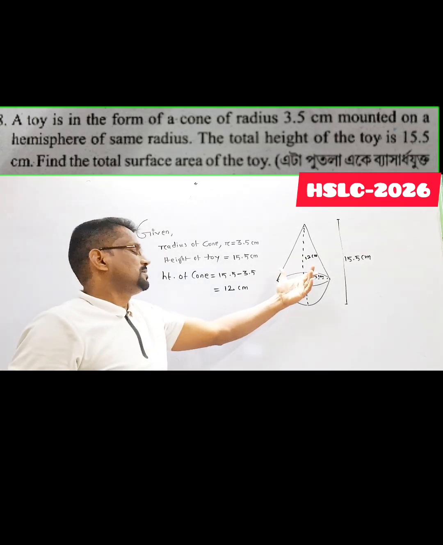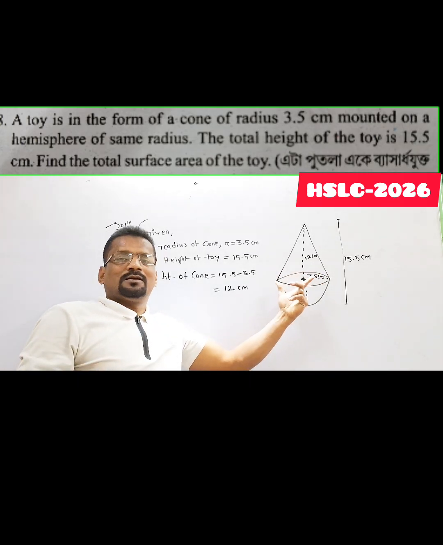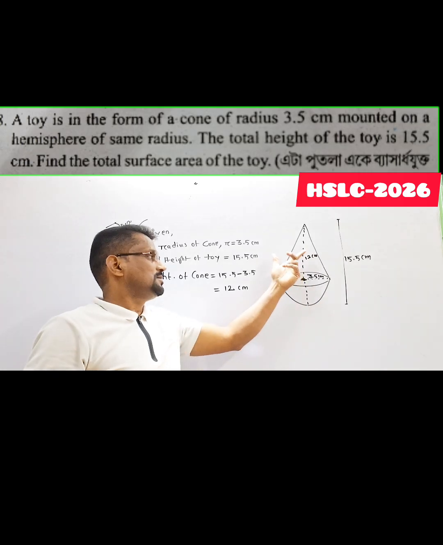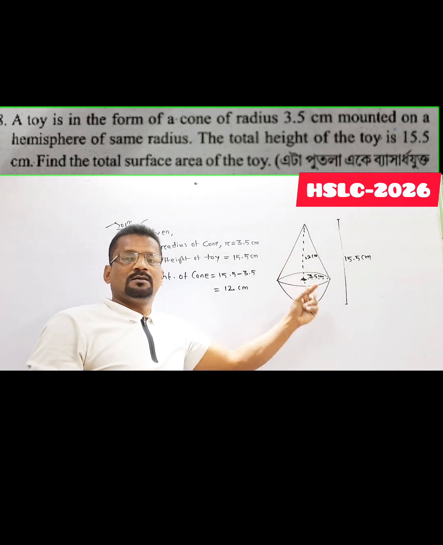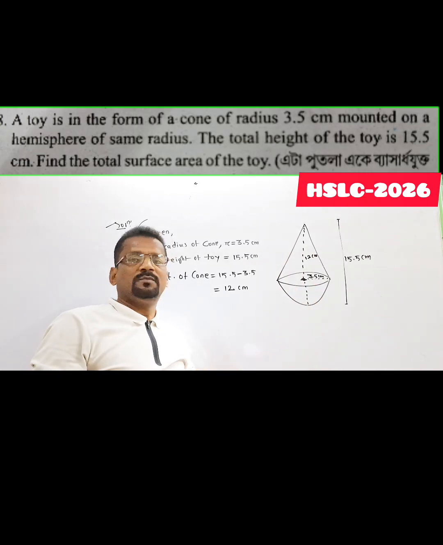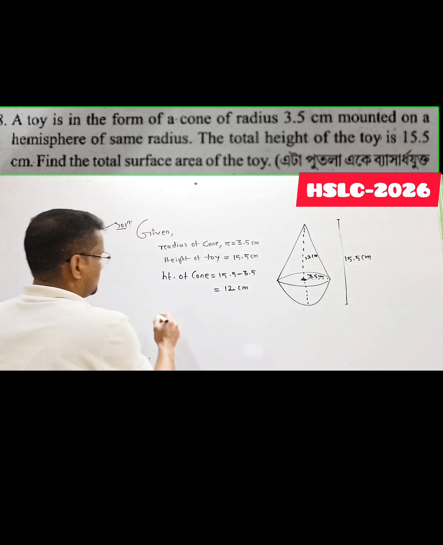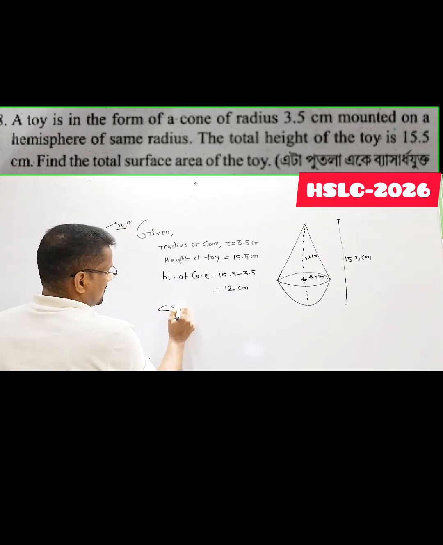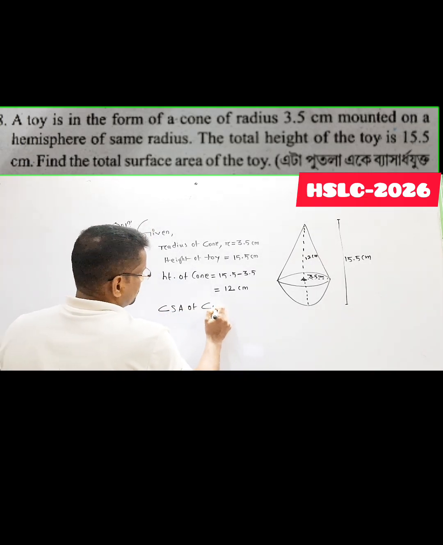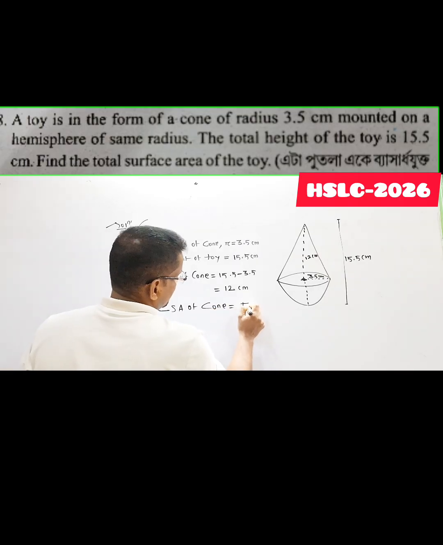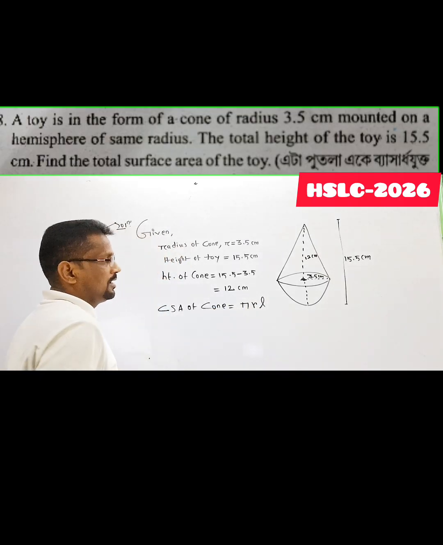Now it is very much clear to you that total surface area is the CSA of conical part plus CSA of hemispherical part. So now CSA, curved surface area of cone, formula is known to you, pi r L. L means slant height.